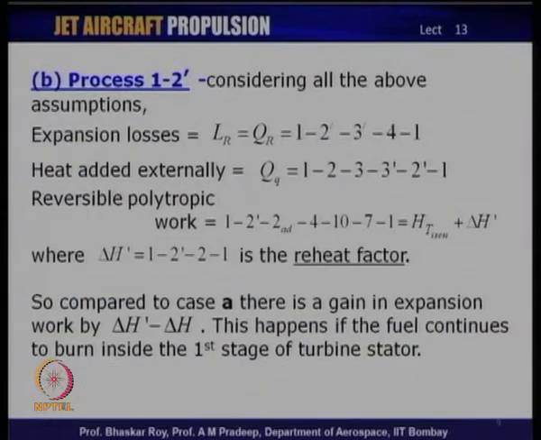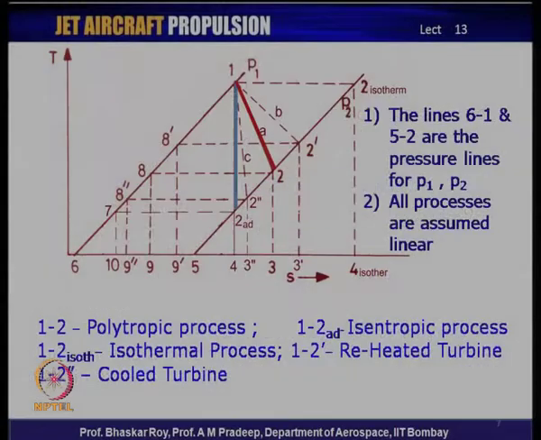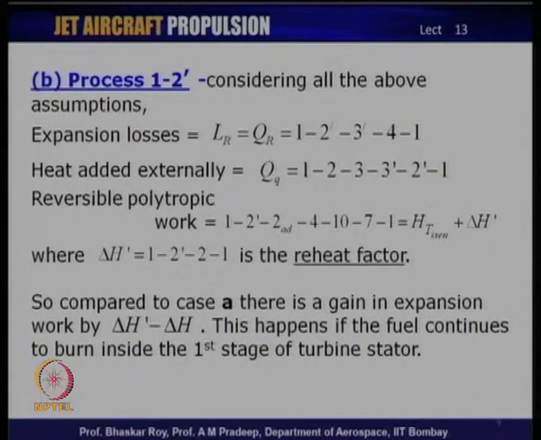If you take this area, that is this rectangle plus this triangle on top, that is the additional work or heat that has been added to the system because of the external influence, and that is what is appearing as an additional area.